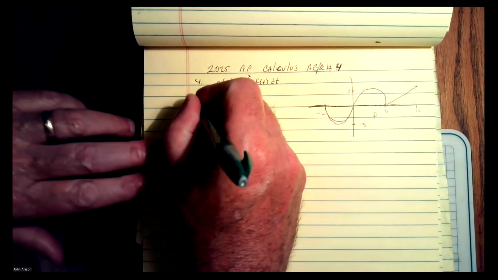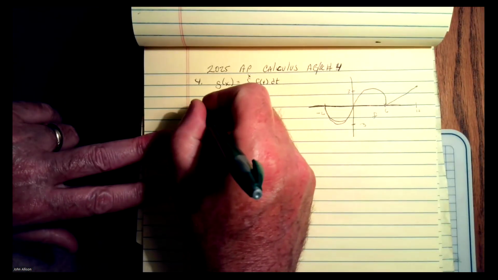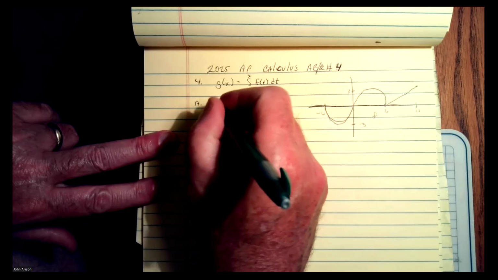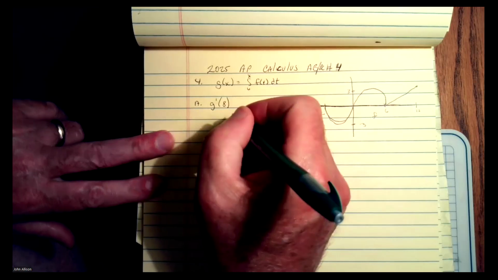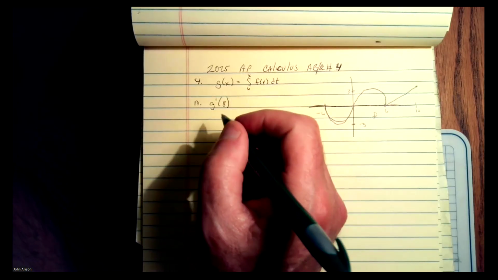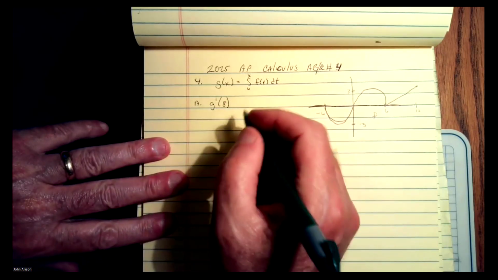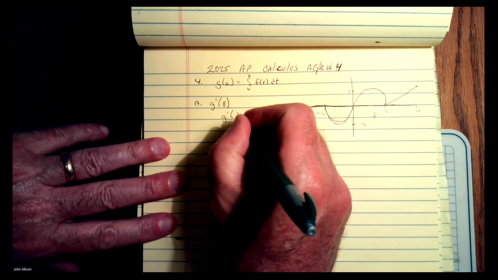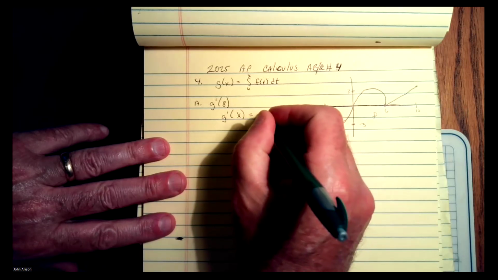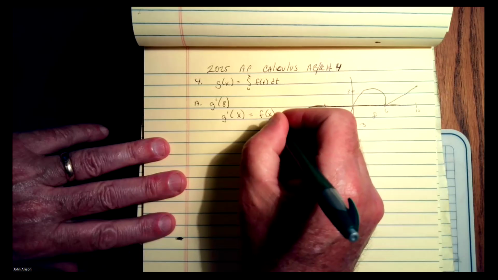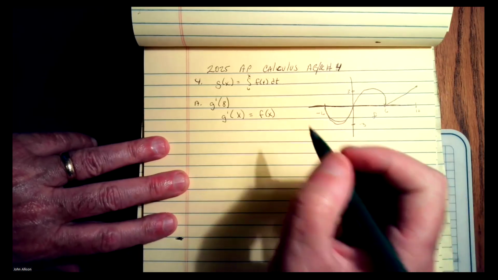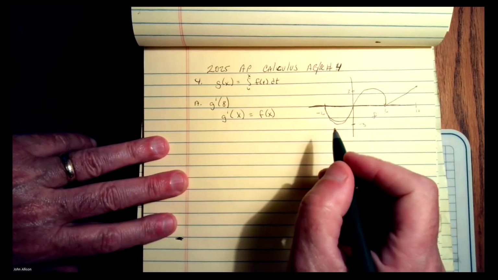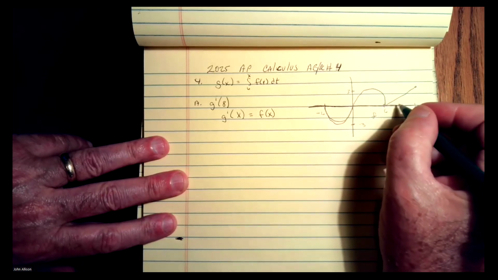So part A says find g prime of 8. Give a reason for your answer. If this is g, then g prime of x is simply f of x. That's by the fundamental theorem. So we're looking for 8.